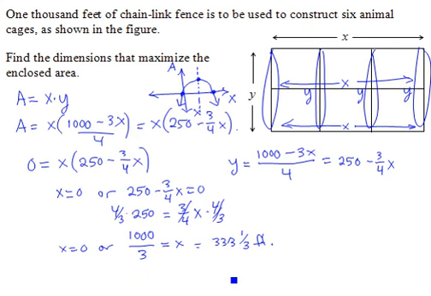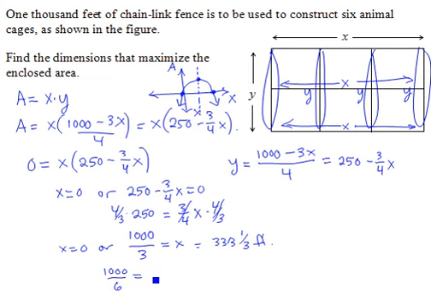And we're actually interested in the point halfway in between those two roots. There's 0. This is going to be the 333 1/3. Halfway in between, we can get that by adding the two together and dividing by 2. Of course, adding 0 to 1,000 thirds isn't going to change anything, so dividing by 2 is going to give us 1,000 over 6.